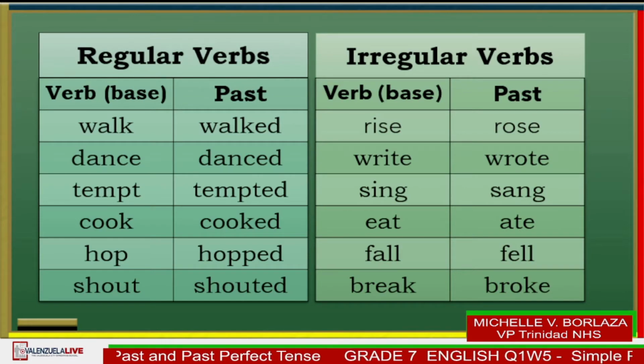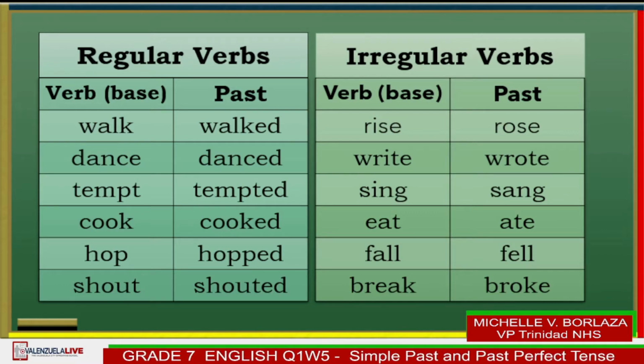Here are other examples of regular verbs and irregular verbs. For regular verbs, we have the words walk, dance, tempt, cook, hop, and shell. And when we change these words into past tense, we just add ed.